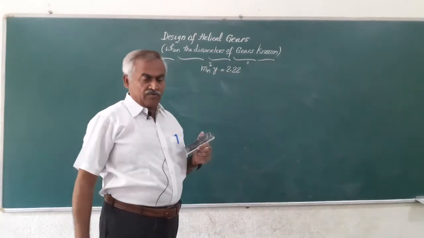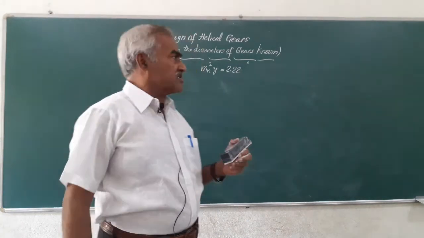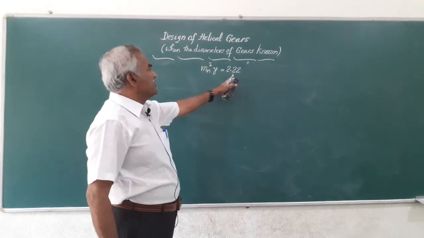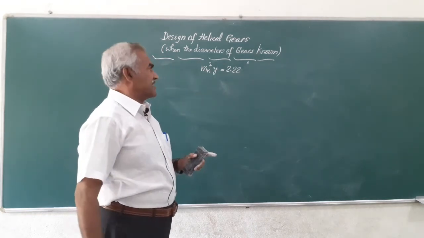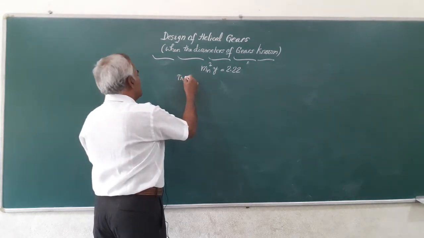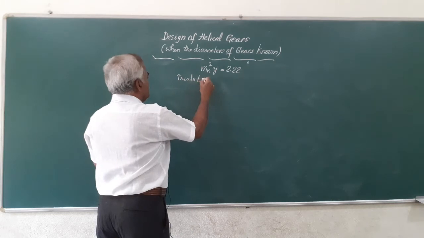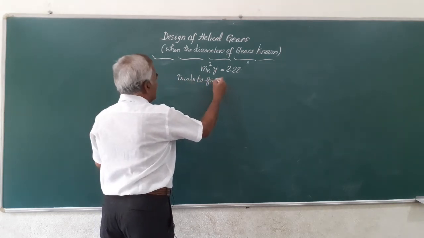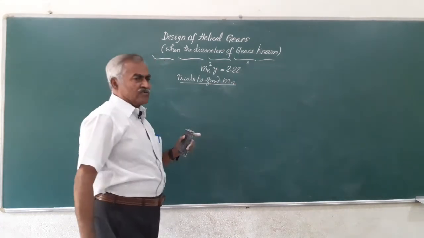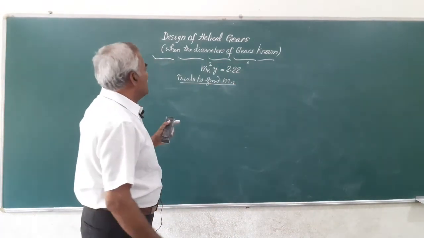So now we have to make a number of trials to see that this product mn square into y will be equal to 2.22 approximately. So friends, I will just make some trials to find mn. So we have to take standard value of module from the table and try.